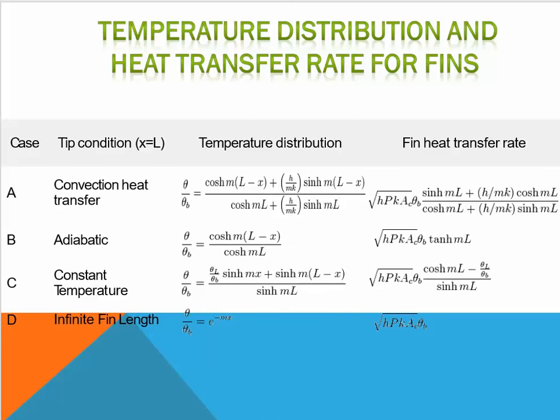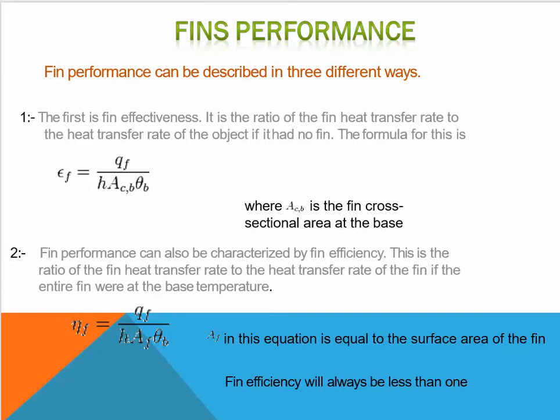Let's discuss the fin performance. The fin performance can be described in three different ways. The first is fin effectiveness. It is the ratio of the fin heat transfer rate to the heat transfer rate of the object if it had no fins.